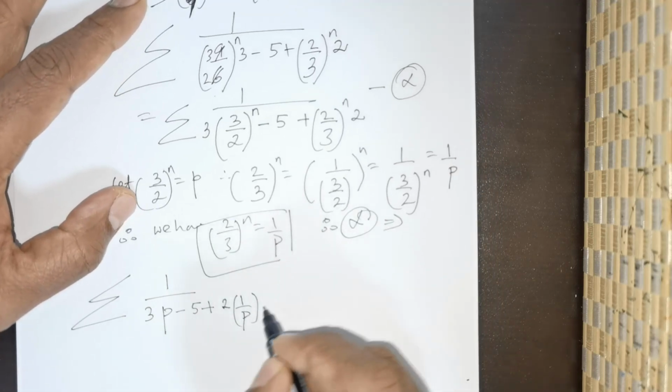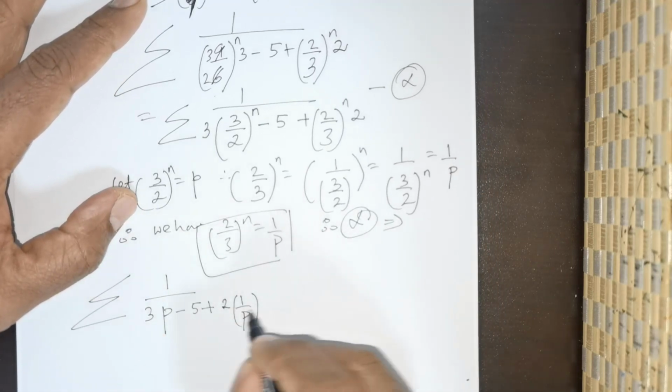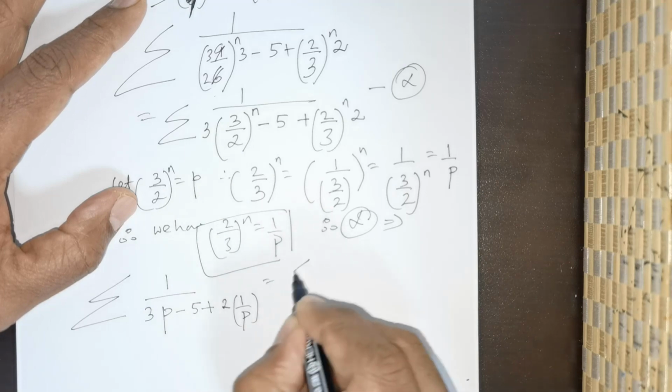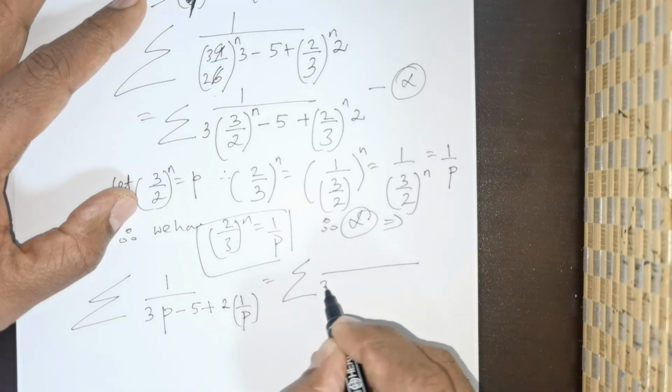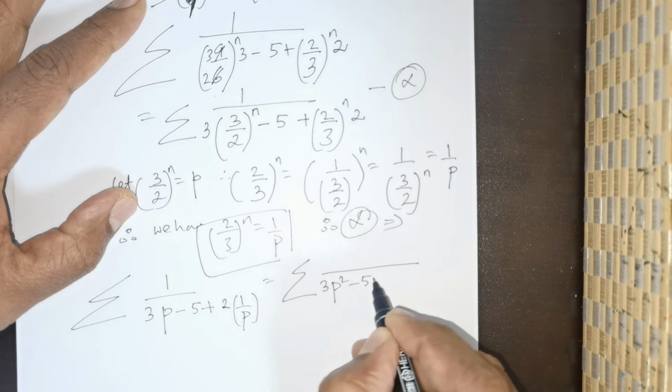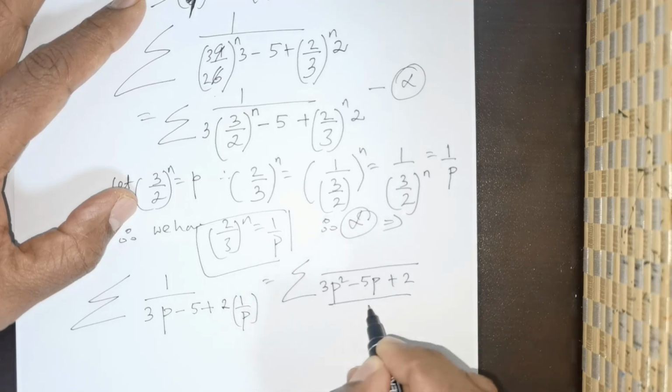Now I want to take p as the LCM. So if I were to take p as the LCM, I would get 3 times p squared negative 5 times p positive 2 divided by p.